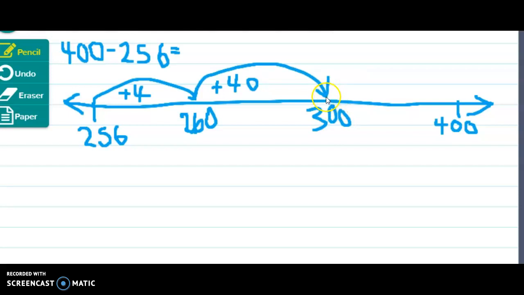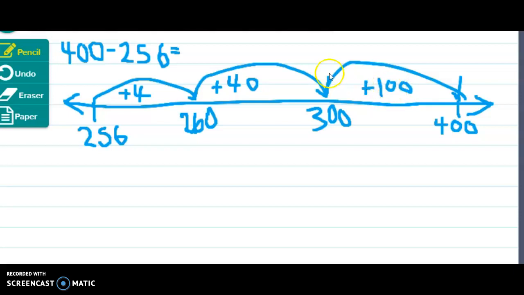Now all I have to do is add 100 more. Oops, I went too far. It should be right here. It's plus 100. Now all that's left to do is add my jumps.